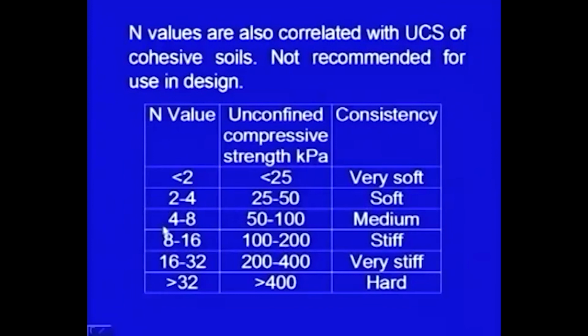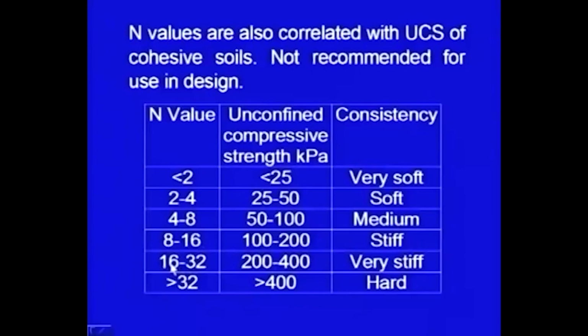If the N value is between 4 to 8, the strength will be in the range of 50 to 100 kPa, and the consistency of the soil is termed medium. If the N value is between 8 and 16, the strength values will be between 100 and 200 kPa. The soil is termed stiff.